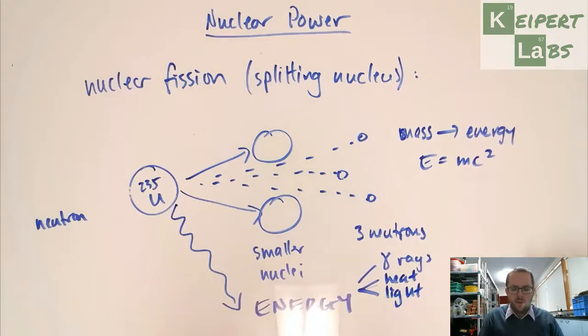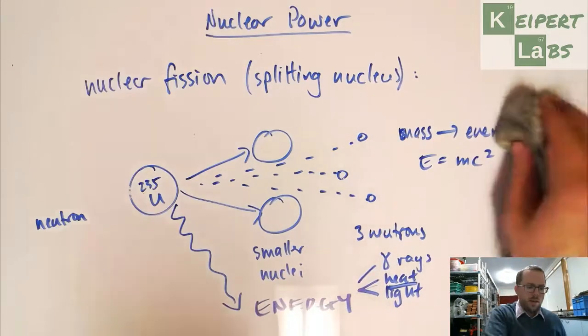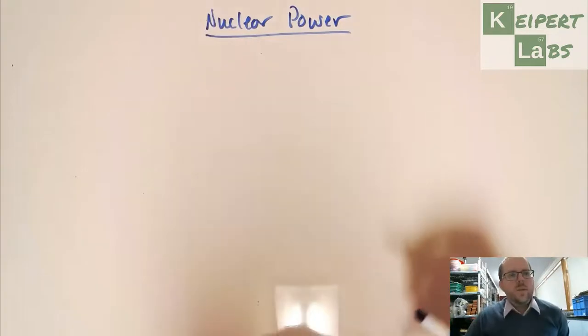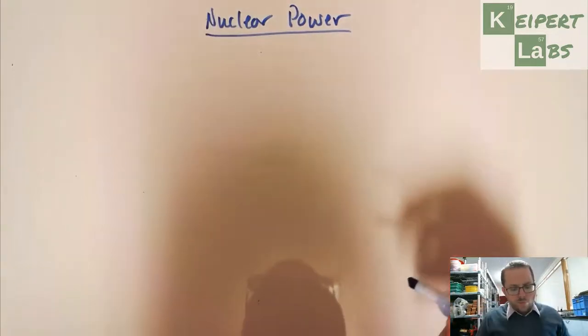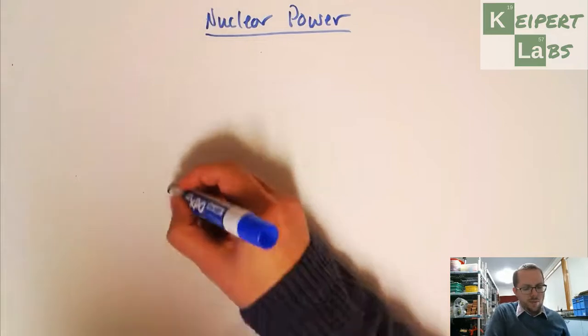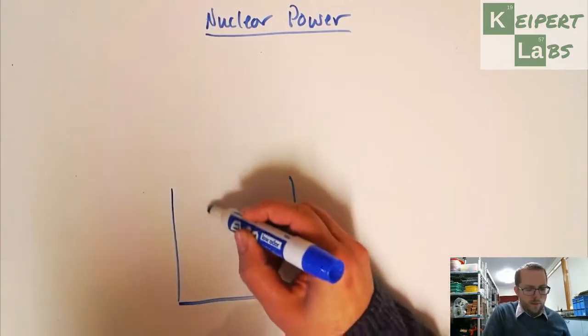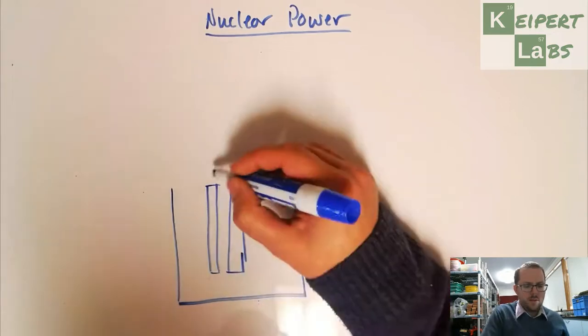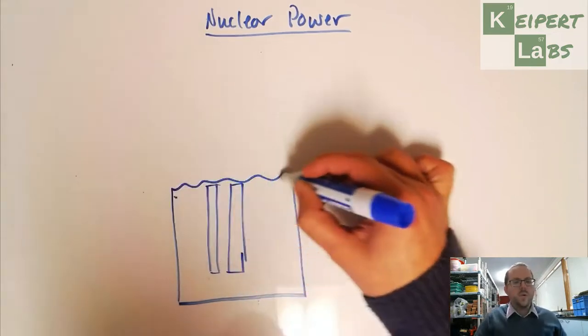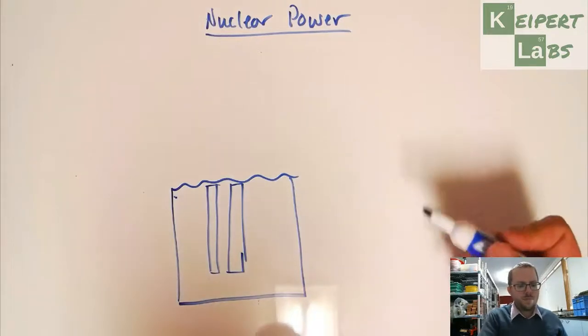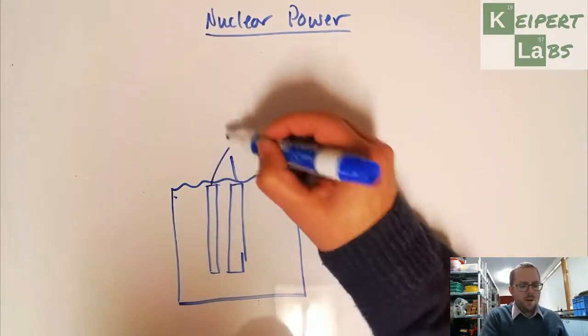And so, particularly if we're looking at this idea of heat, we can harness this splitting of uranium as a source of heat or thermal energy. Okay, so the way that we take advantage of that is that we have inside a big kind of container, a water-filled tank.